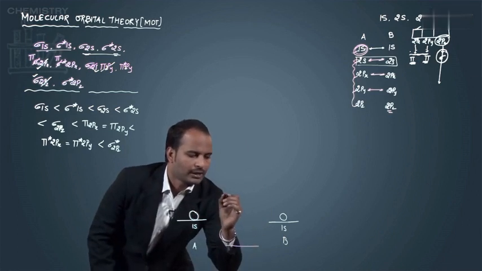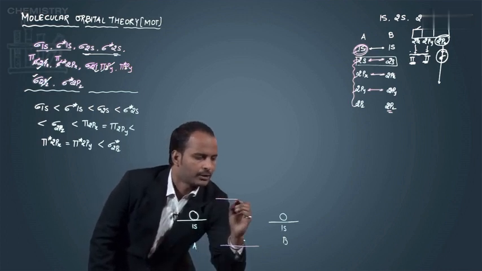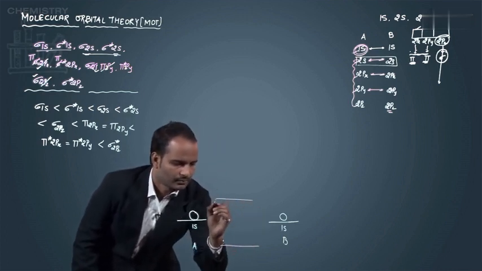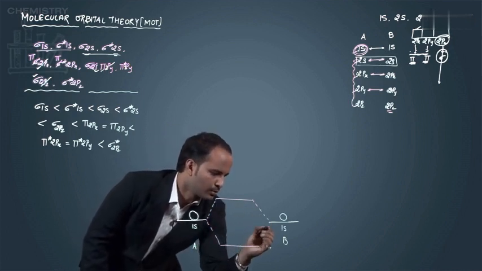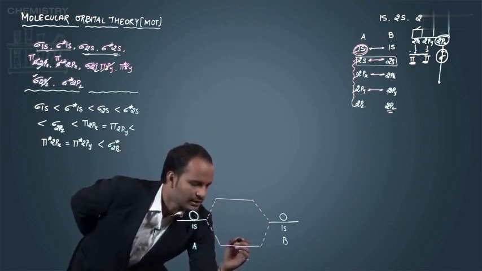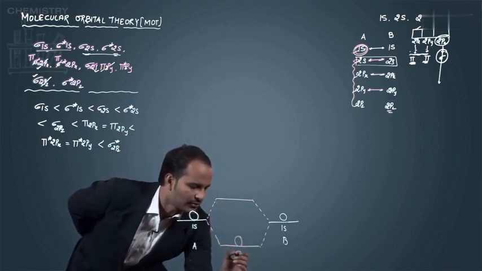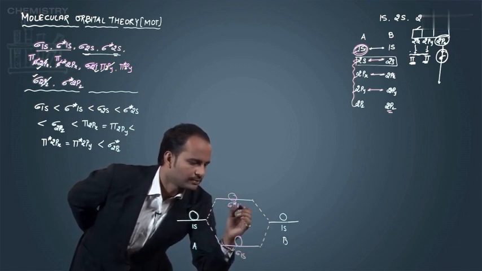One will be bonding and the second one will be anti-bonding. The bonding molecular orbital will have the lower energy level, that is sigma 1s, and this is going to be sigma star 1s.